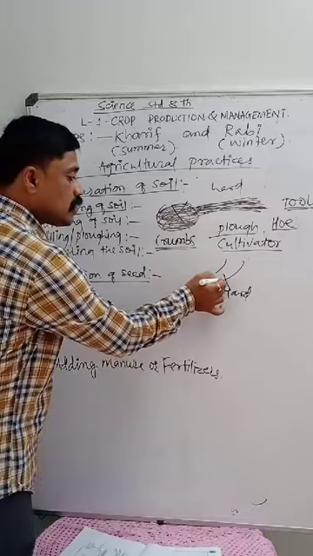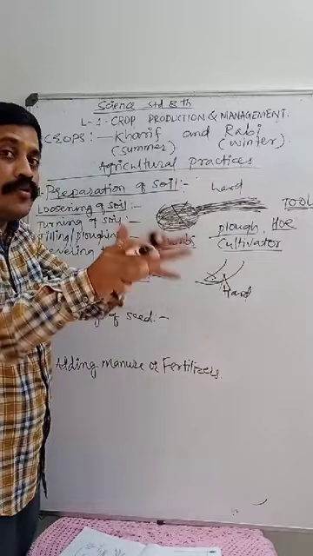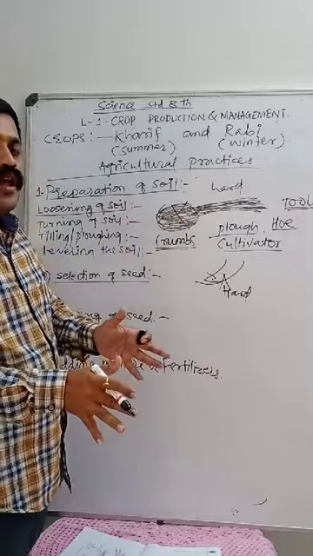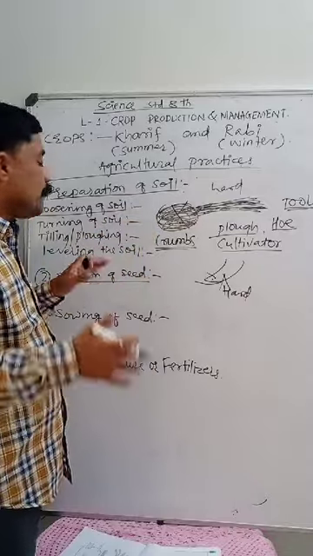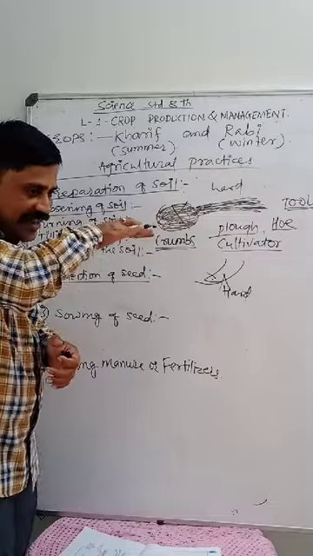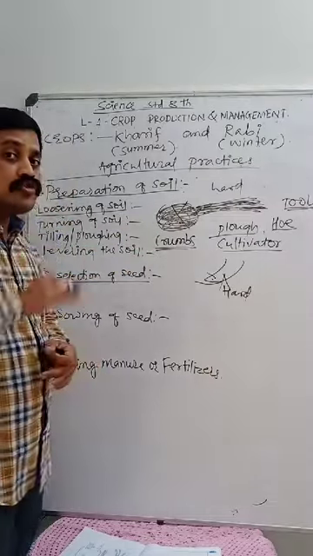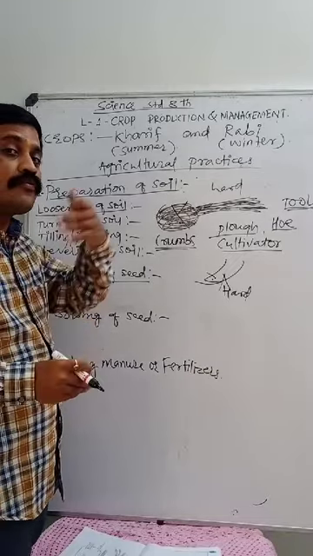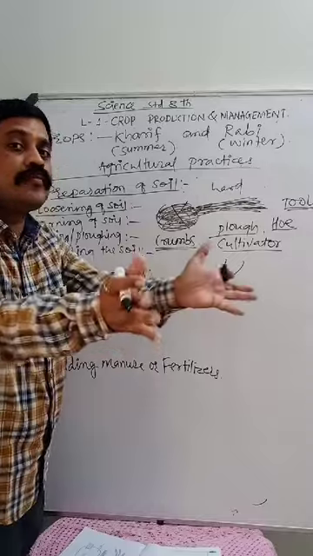So this goes into the soil and breaks it into small pieces, and after breaking it into small pieces, leveling of soil is done, isn't it? Leveling means the soil should be at one level. If the soil is not at a proper level, then the nutrients, whatever fertilizers and manures are there, will not be distributed properly.